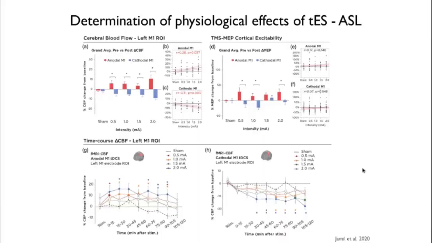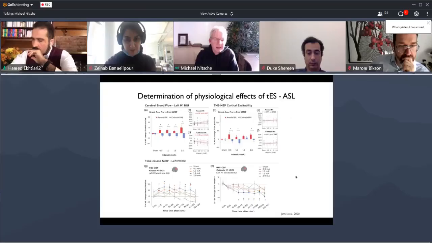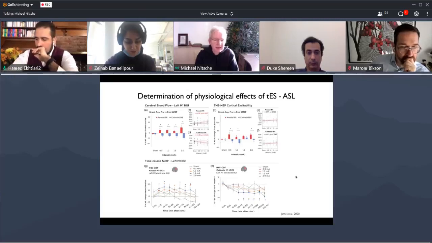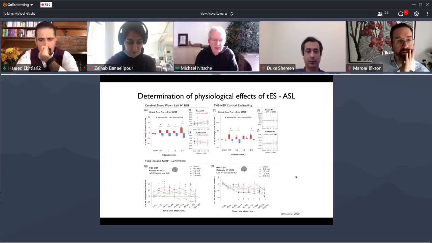Here, stronger stimulation did not result in stronger effects. For cathodal tDCS, if you look closely, you can see these non-linear effects. We got the strongest inhibitory effect at 1 milliamp stimulation. The ASL effects were also prolonged, as in Charlie Stagg's study. These are the lower figures. With anodal tDCS, we get an enhancement lasting for up to 90 minutes after the end of stimulation. For cathodal tDCS, we got a reduction.